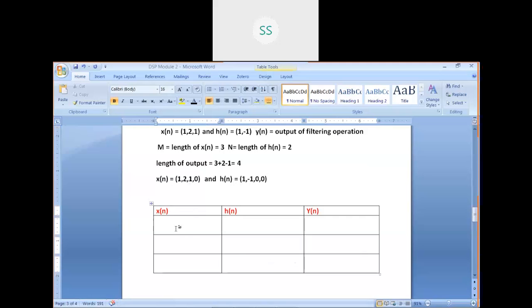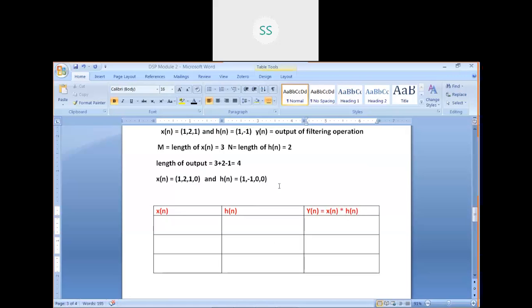We are already familiar with this representation, even the circular convolution using the tabular method, so we adopt the same pattern. Similarly, here also you write down the same table form. And what is y of n here? y of n is x of n circular convolution with h of n, or you can also write that equation.